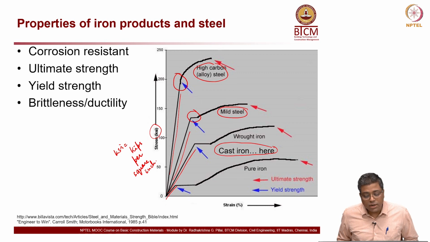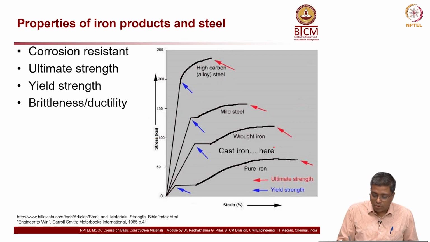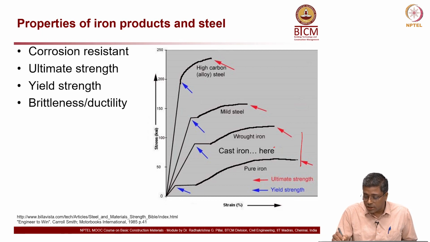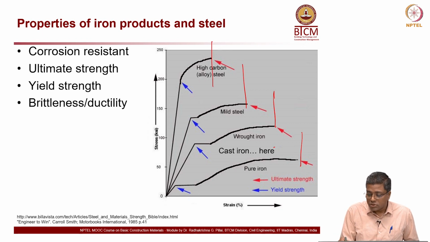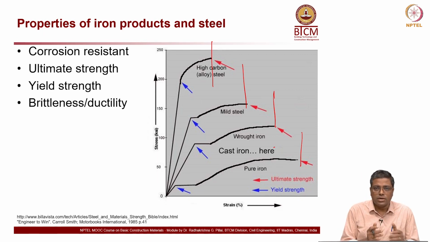And brittleness and ductility, as you can see here. So here you can see that ductility keeps on decreasing. If I look at this, the ductility for pure iron is much higher, or the percent elongation is going to be higher, as compared to the high carbon steel. So as the strength keeps on increasing, there is a general trend that ductility decreases.